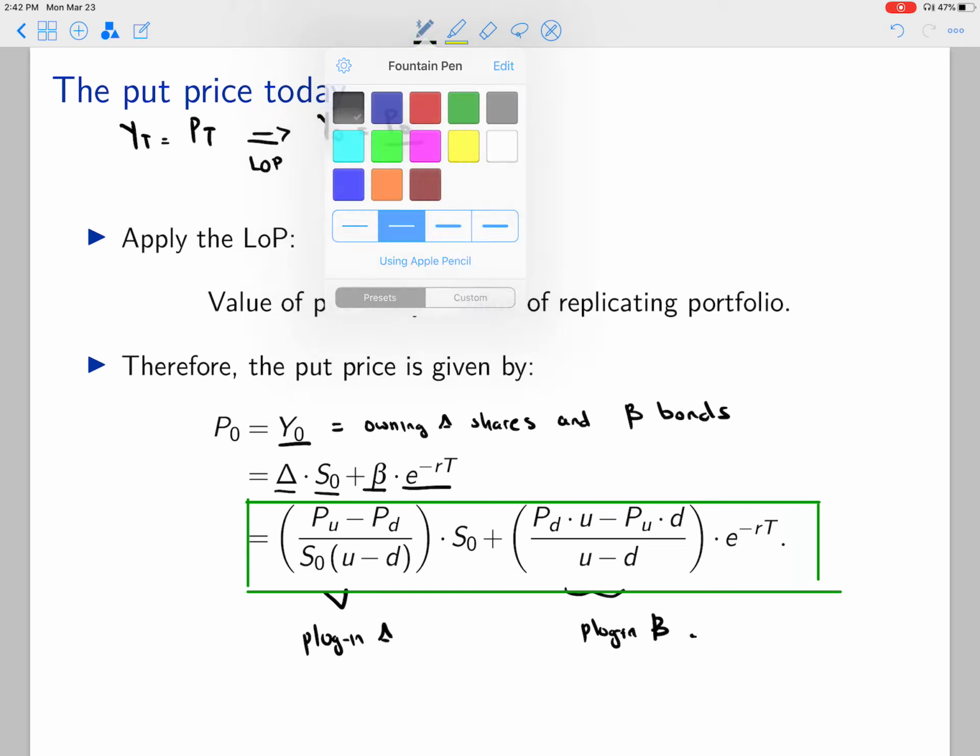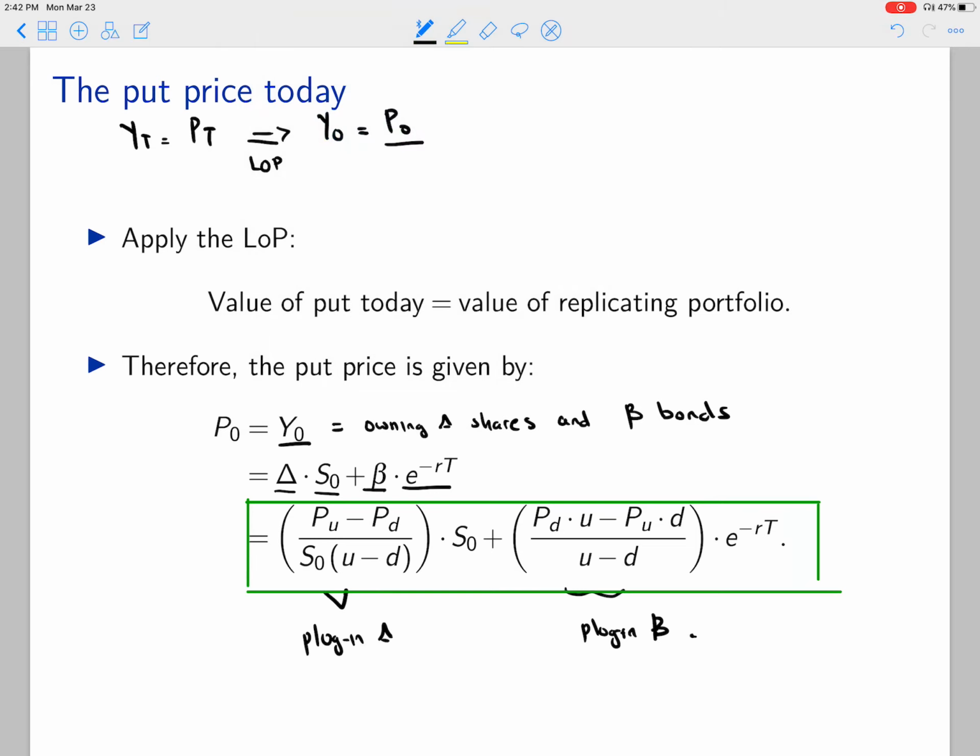It's equal to the put option's delta, which is PU minus PD over S0 times U minus D. This is the number of shares you own, multiplied by the price per share, S0, plus the option's beta. The beta is too messy. I'm not going to go on and read the whole thing, but it tells you the number of bonds to buy. And then you're going to just multiply this by the price per bond.